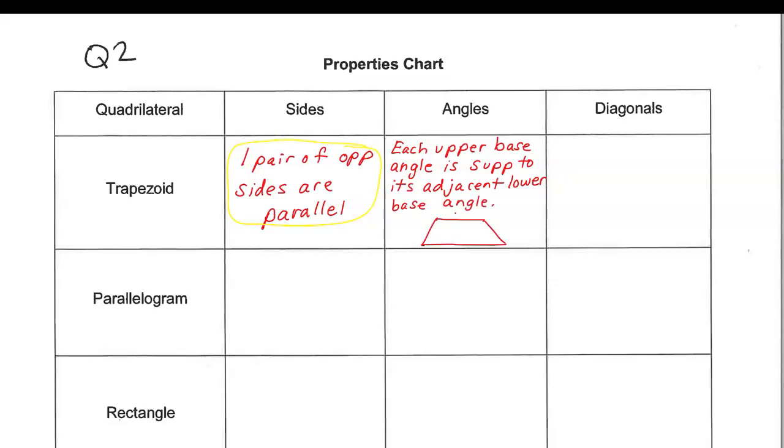Because the top base is parallel to the bottom base, this upper base angle on the left is supplementary to this lower base angle because we have the theorem from parallel lines that says if two lines are parallel, then same side interior angles are supplementary. That is also true on the right side. So this upper base angle on the right is supplementary to this lower base angle on the right.